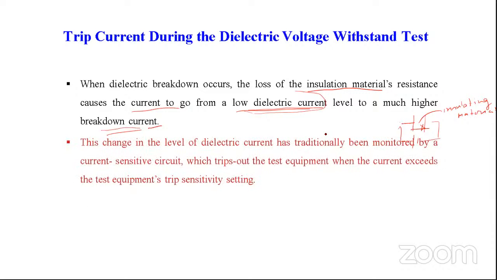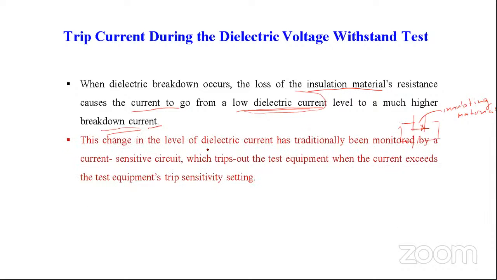So the change in level of dielectric current has traditionally been monitored by a current sensitive circuit, which is called the trip circuit. Generally we want to observe the change of dielectric current, and that is monitored by a current sensitive circuit which trips out the test equipment when the current exceeds the test equipment trip sensitivity setting.